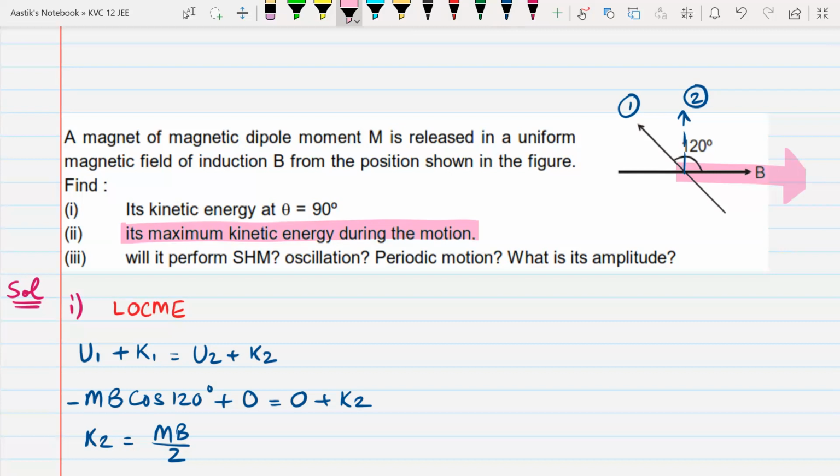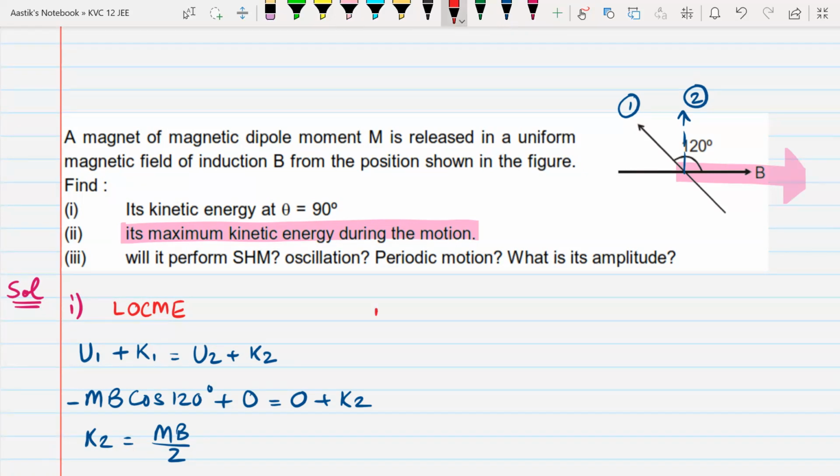Think about simple harmonic motion. In any oscillation, when the particle passes its mean position, stable position, it has maximum kinetic energy. Kinetic energy is maximum when potential energy is minimum. Potential energy is minimum at theta equal to 0 degrees. Yes or no? Yes, sir.